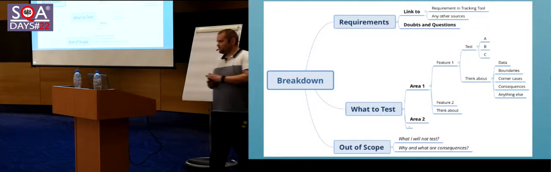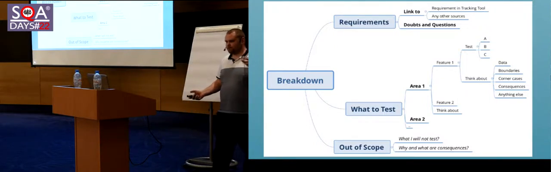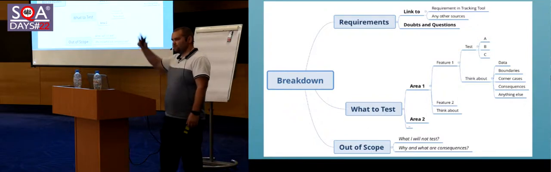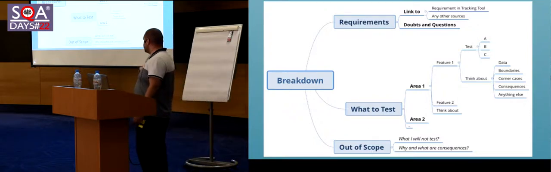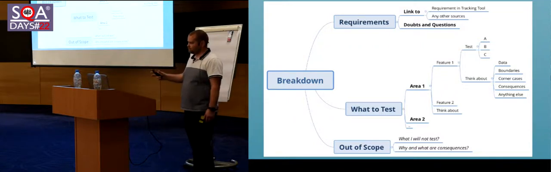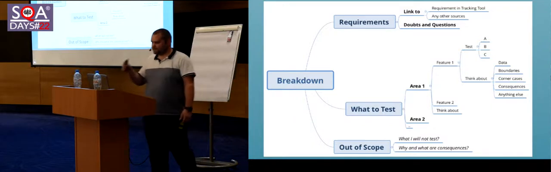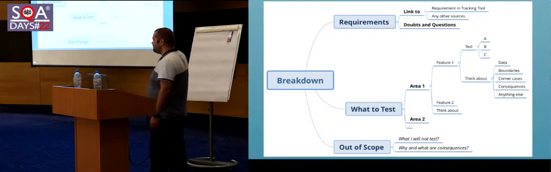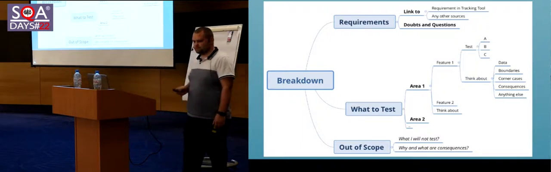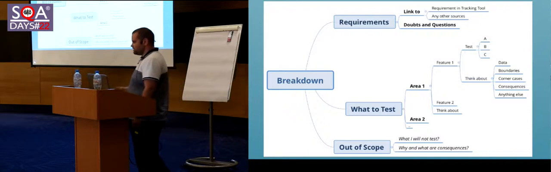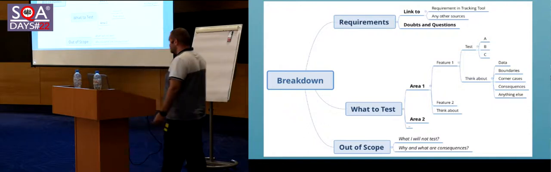And this area is growing at the start, because when you hear about some user story or requirement, you have a lot of questions. So you point them there. Then you have a grooming, so you answer these questions. And at the time when you start the development, this section will be big, but all of these questions and doubts will be answered. Otherwise, you probably should not start the development because you have some doubts.